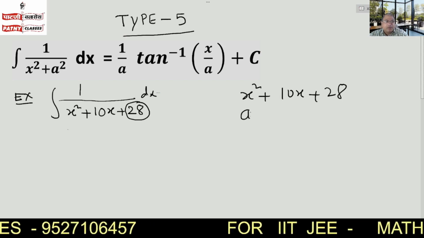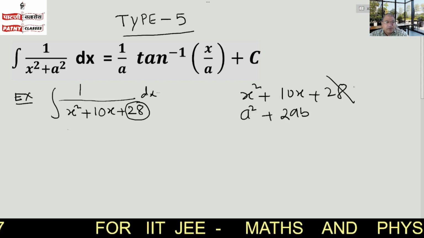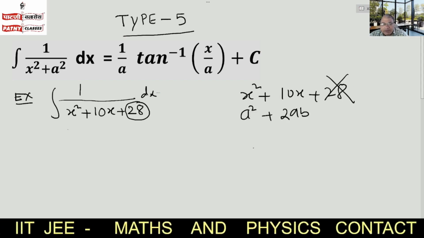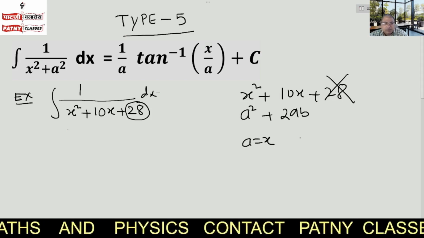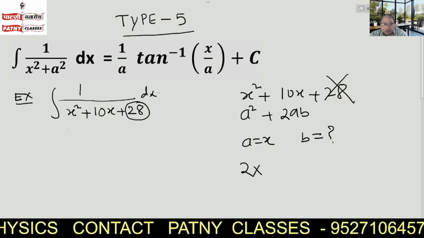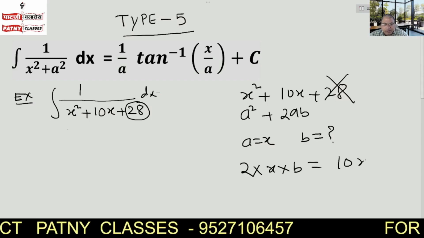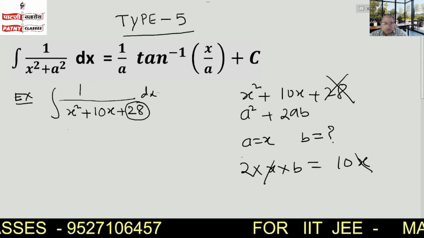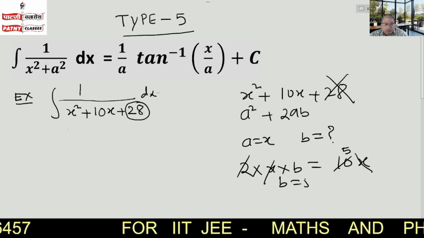Comparing with a square plus 2ab, and temporarily forgetting 28, a equals x and b equals question mark. 2 into a into b equals 10x. x cut down, 2 ones are 2, 5 twos are 10, so b equals 5.